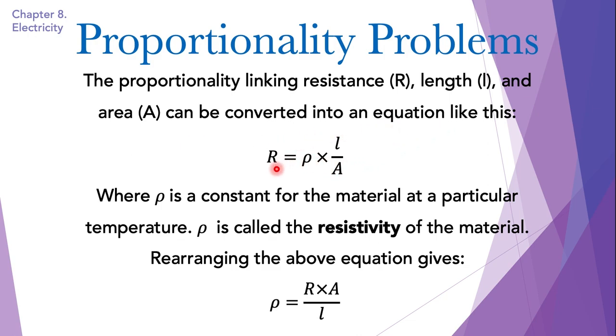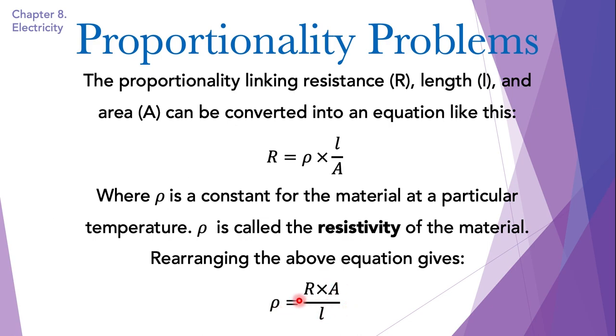R stands for resistance, P is the constant for the material at a particular temperature. P is called the resistivity of the material. So R equals P multiplied by L upon A, where L is the length and A is the area. If we rearrange this equation, P is equal to R into A upon L.